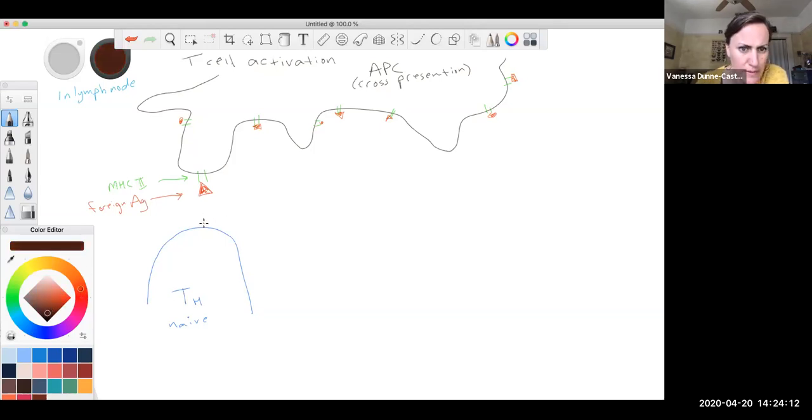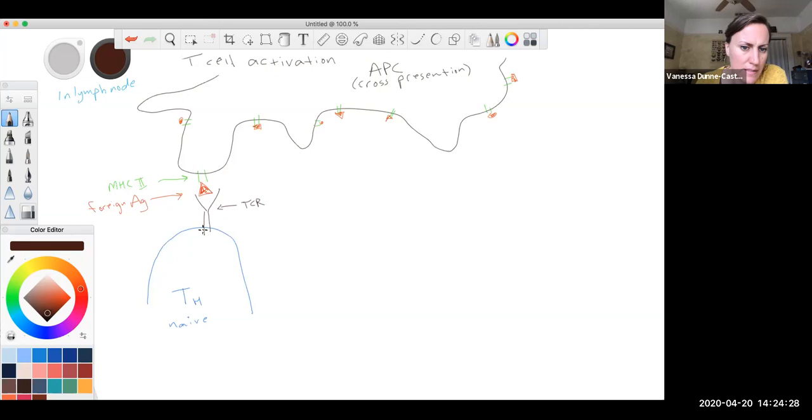So we have our T cell receptor, and let's just say that this is a perfect match. So here is the T cell receptor with the variable region and the constant region.